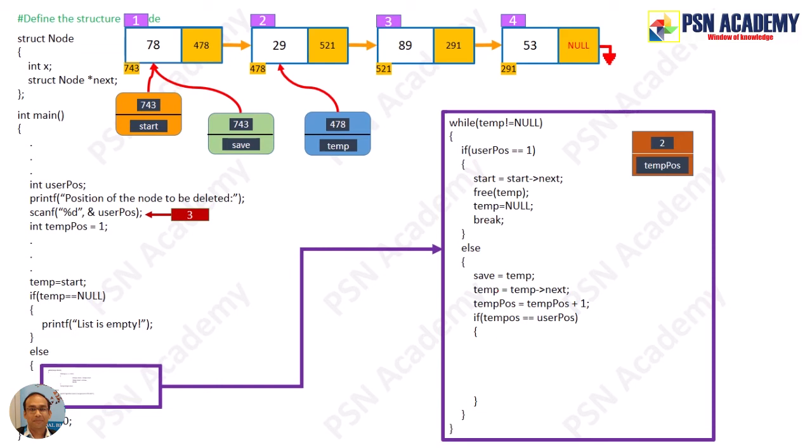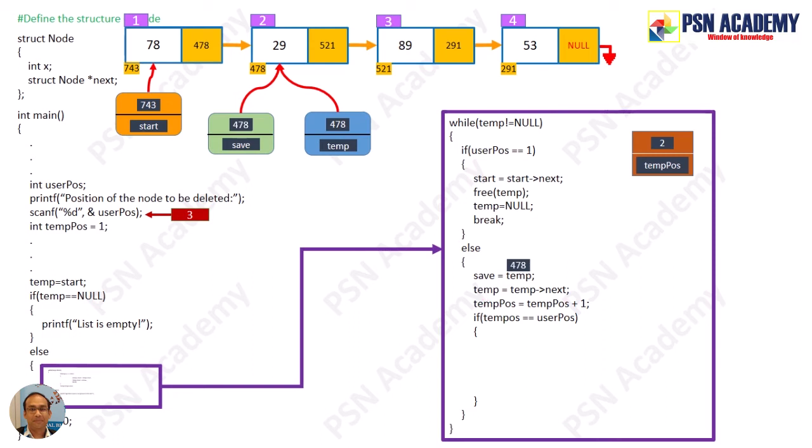So once again, temp is 478 now. It will be stored in save. So save is 478 now and save will start pointing to the node at position number 2. The next line, temp equal to temp next, the same thing.